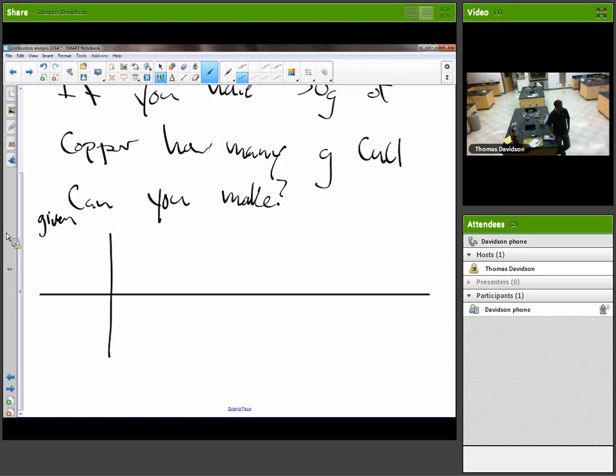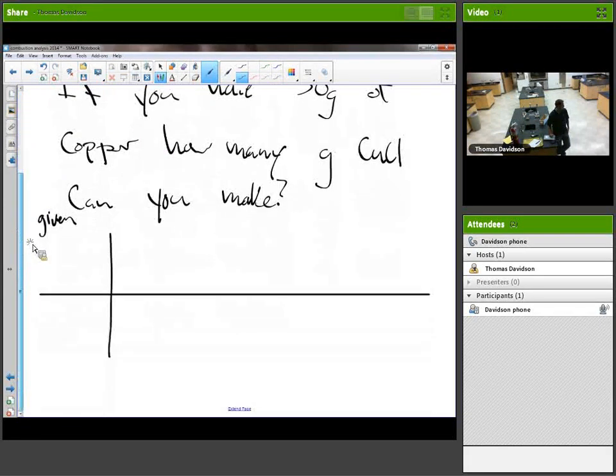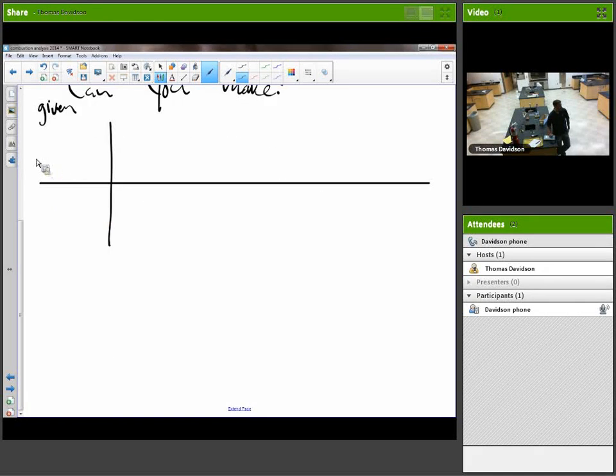Now, kids that already had chem, they're going to feel really good about this pretty fast. So what number and unit did I give you? 30 grams of Cu. Now, the next thing you would do is you would come over here, and we are going to solve for, what did it ask for? Grams of CuCl.